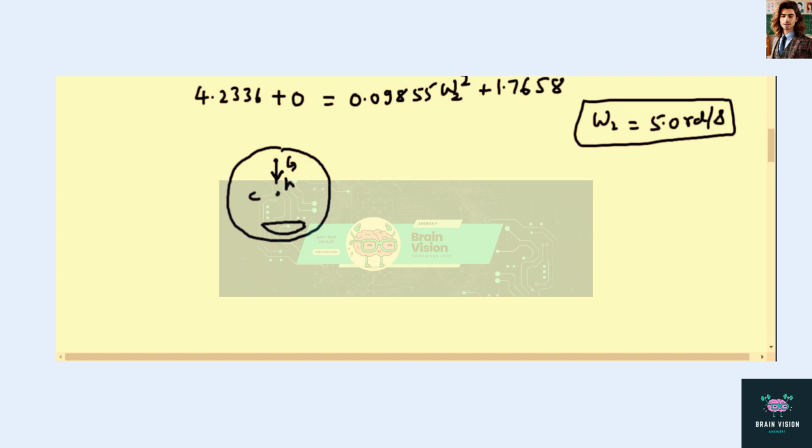Here the weight will act. Here m into r omega squared will act. And this is the normal reaction of the floor.